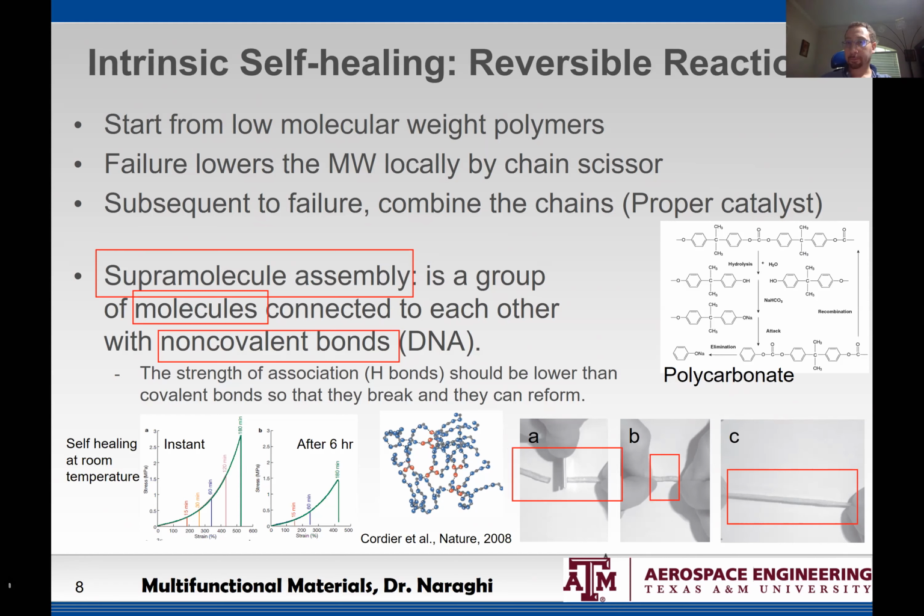So the hydrogen bonds between chains reform in this step. Now, these are reformable bonds or reversible reactions, but it means they're not very strong. So you cannot make an airplane out of them because they're very soft. But if load bearing is not your primary concern, then they're not a bad solution.